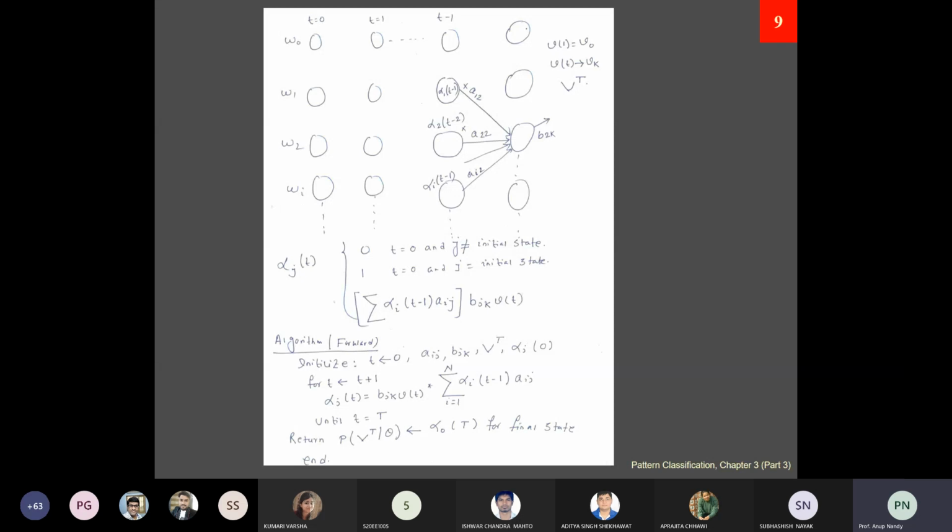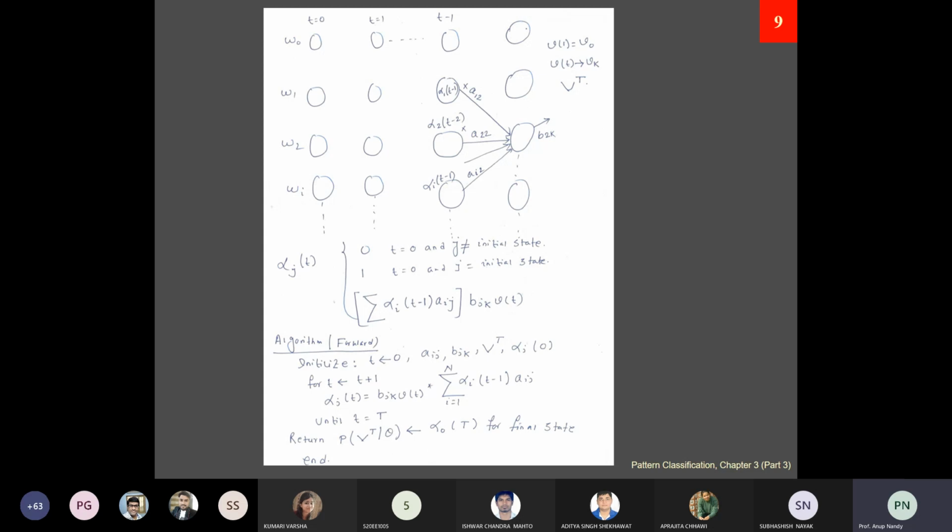Now this algorithm is called the forward algorithm. This evaluation problem that we are going to solve is known as the forward algorithm. Whenever this algorithm is given to you, it means you need to compute the probability of generating the observation sequence by a particular model theta. Theta will be given to you.